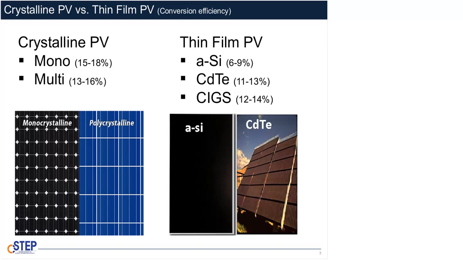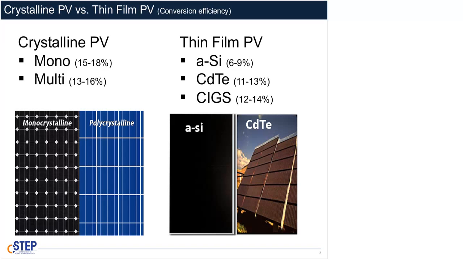So the advantages of thin films are the lower cost, and the performance of the thin films is far better when compared to crystalline PV in diffused radiation, and the temperature coefficient of thin films is relatively lower than the crystalline PV.